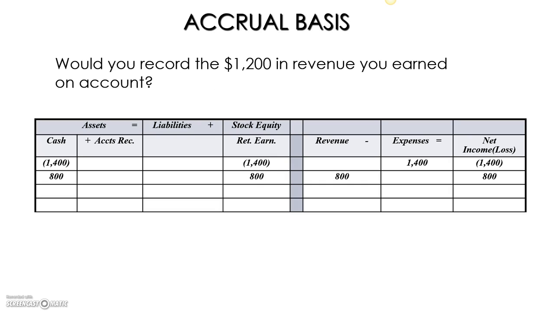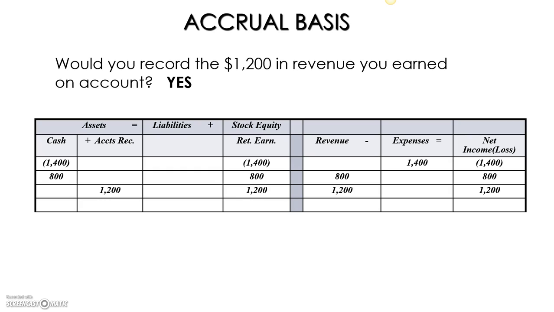The third transaction, the $1,200 that you billed your customers on account, under the accrual basis, would you be able to record this revenue? The answer once again is yes. Whereas in the cash basis, we weren't allowed to record this because we hadn't received the cash. In the accrual basis, we can, because the decision rule is, did we perform the service?